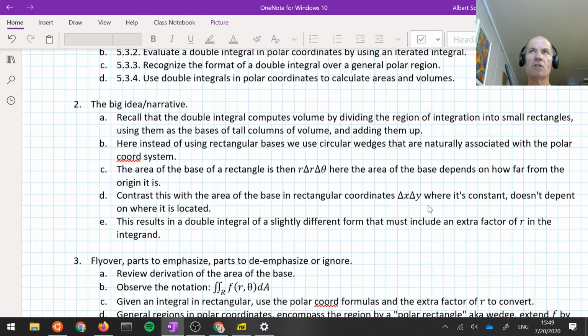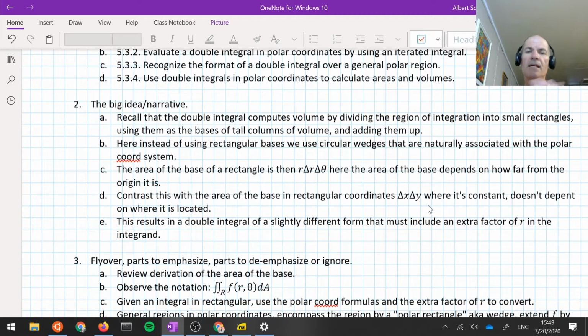What was special is that we were chopping up the domain of integration in the Cartesian coordinate system. The base of each of those rectangles was just delta x times delta y, the area of the base, and the height was the function evaluated at some point inside the base. And in the limit, you would get the double integral.